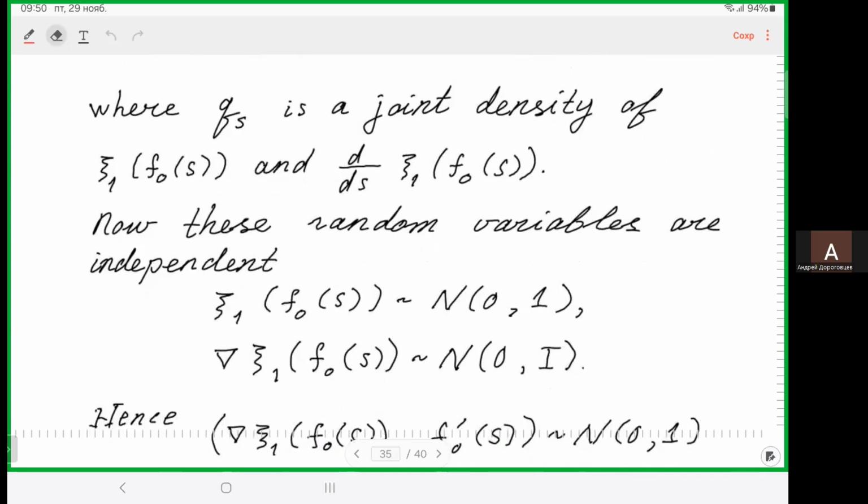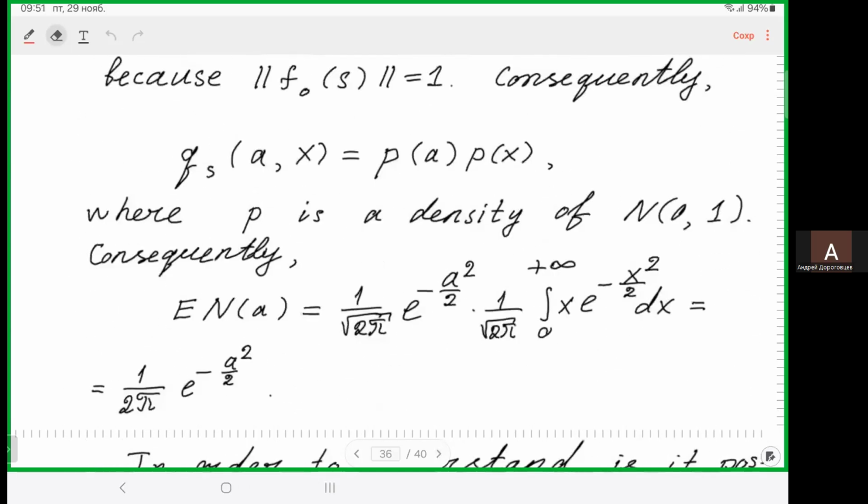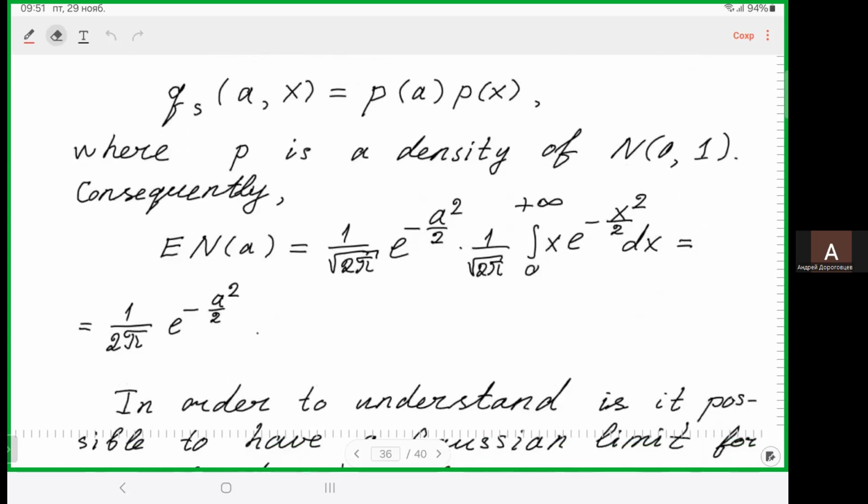Since then, one can have the product of two standard Gaussian densities. And due to this, the number of bridges is the following. The expectation of the number of bridges is of the following kind. So it decreases very fast when we move away from 0.